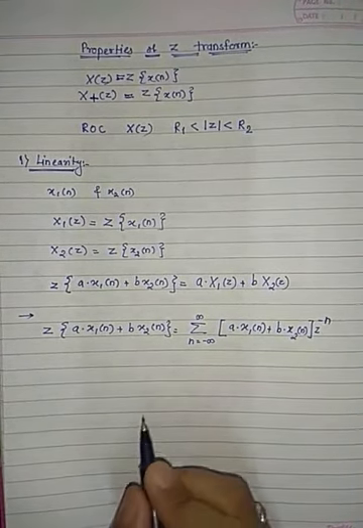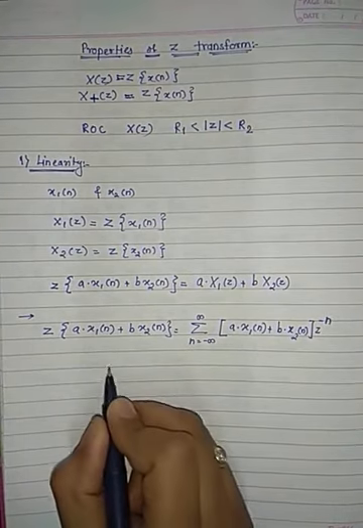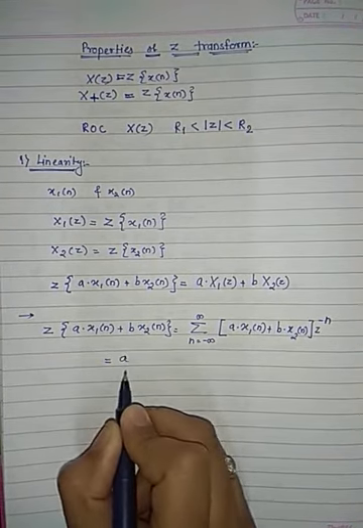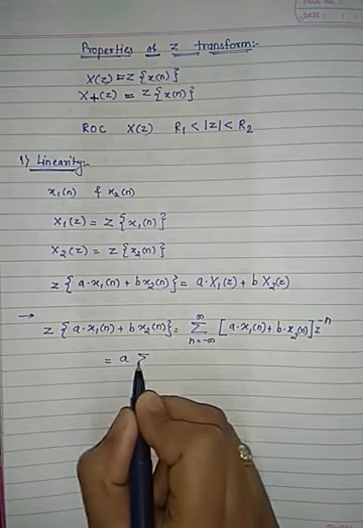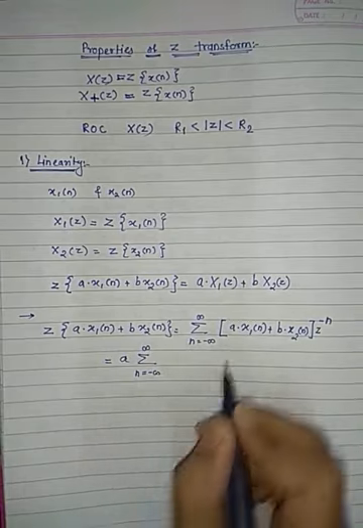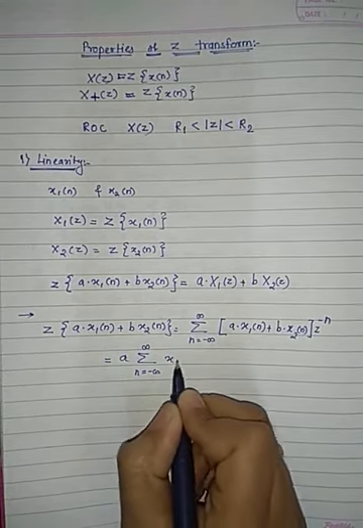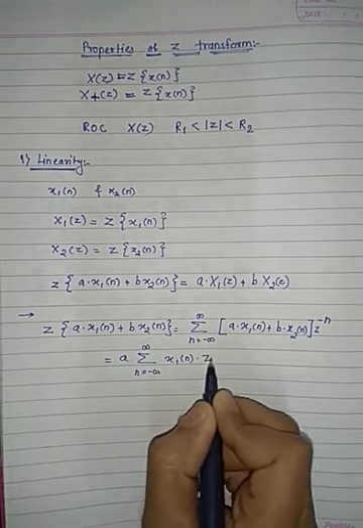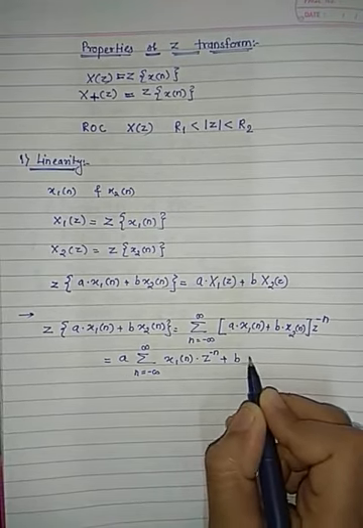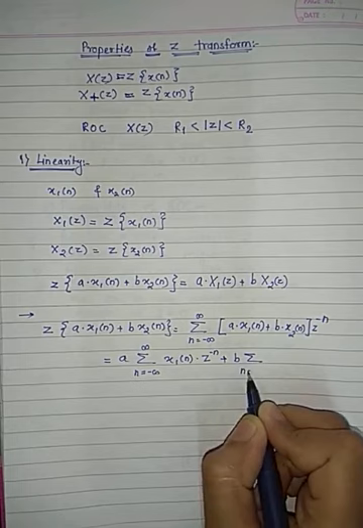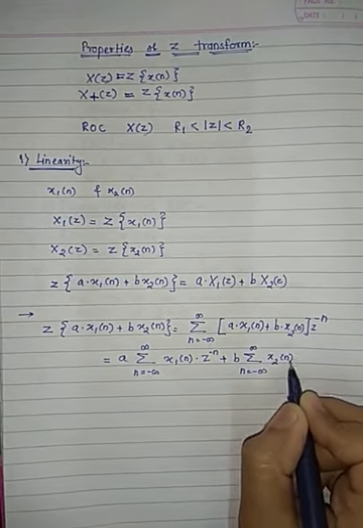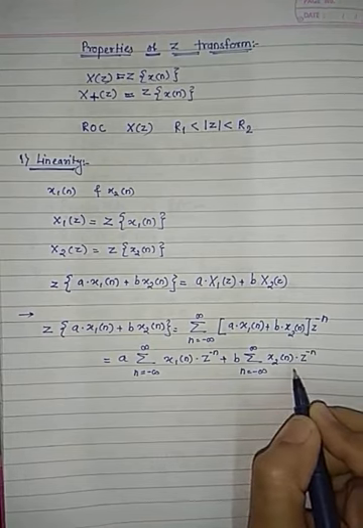After simplification, as A is a constant, we can take it outside the summation. So A times the summation from n equals minus infinity to plus infinity of x1 of n into z raised to minus n, plus B times the summation from n equals minus infinity to plus infinity of x2 of n into z raised to minus n.